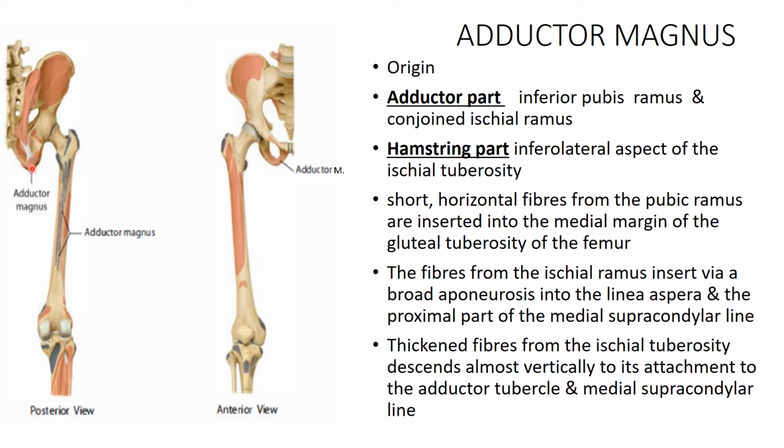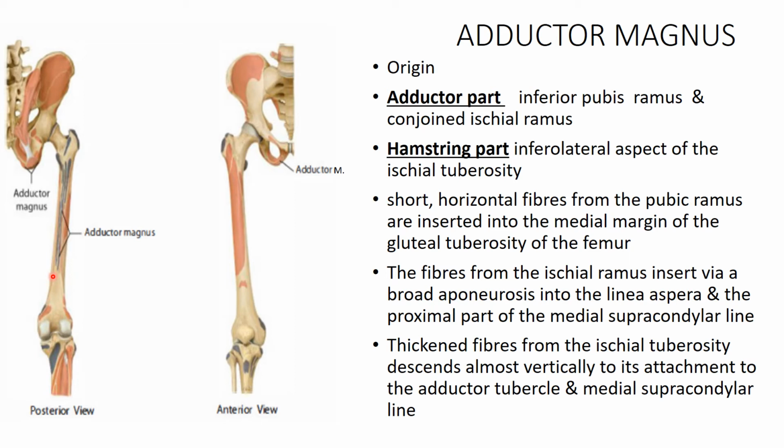This thickened mass descends almost vertically towards the medial supracondylar line, and there is a tubercle on its end, which is known as the adductor tubercle. So it descends vertically from the ischial tuberosity, and it is attached to the adductor tubercle and the adjoining part of the medial supracondylar line.